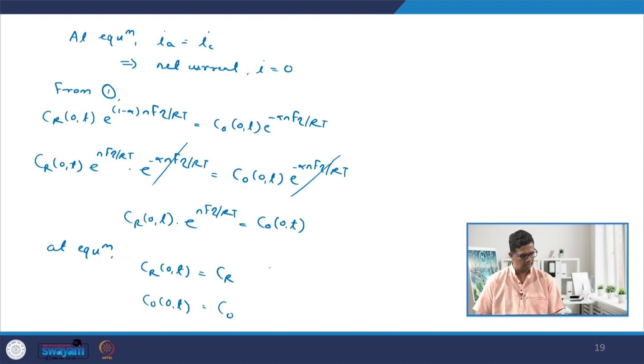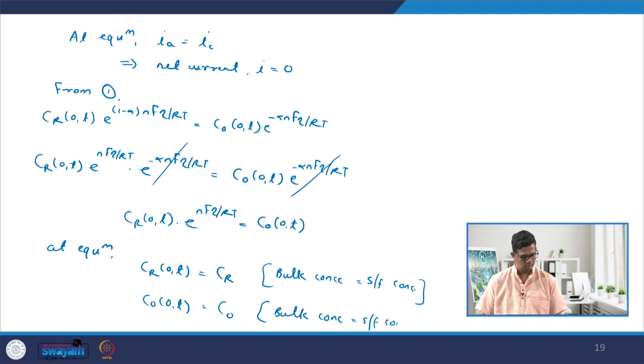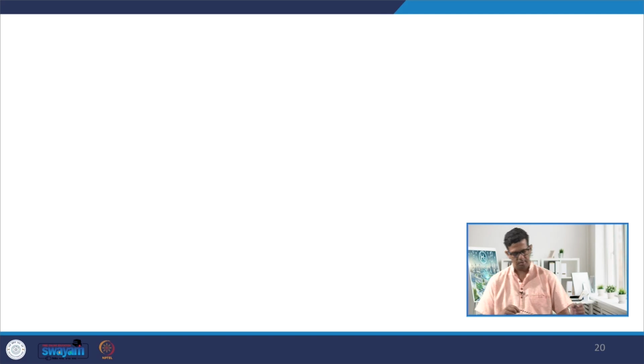So you can write, bulk concentration is equal to surface concentration for both the cases, right.